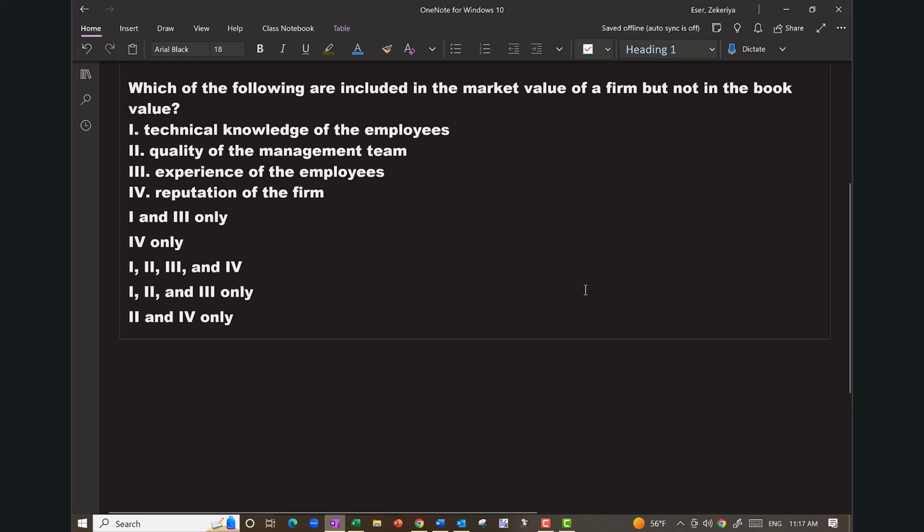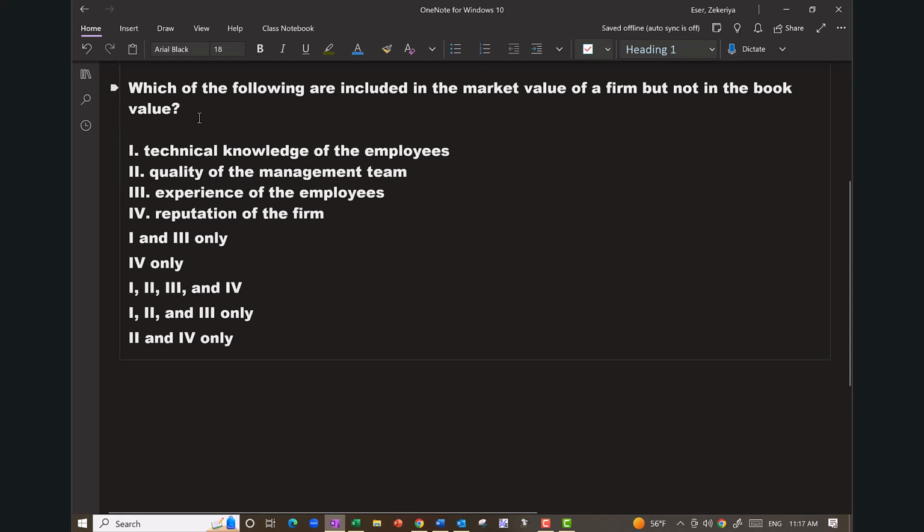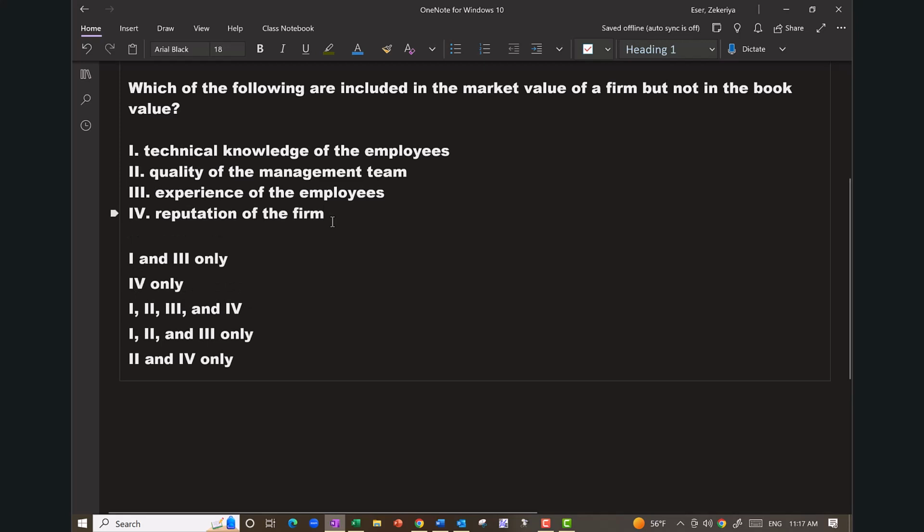Which of the following are included in the market value of the firm, but not in the book value? So what do you think? In this case, your test is figure out which ones. The technical knowledge of the employees. Would that be part of book value?